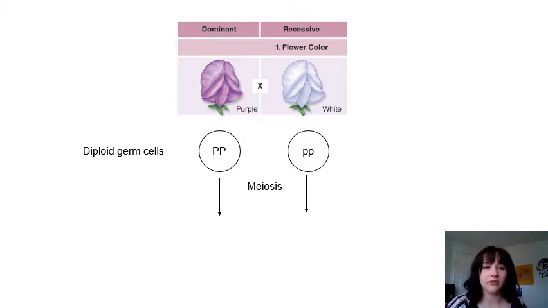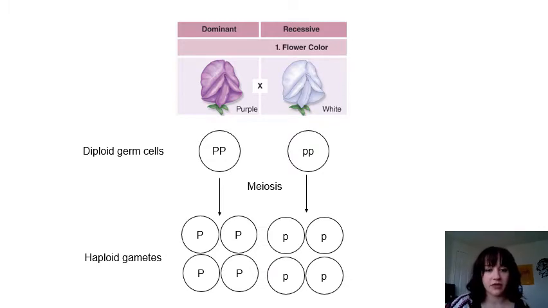So what are all the possible combinations of gametes that we could get? For the purple plant, all of the gametes that result from meiosis are going to just have that dominant allele, right? That's the only option to produce. And in the white plant, all of the resulting gametes are going to have the recessive allele. And remember, gametes are haploid. They only have one copy of the gene.